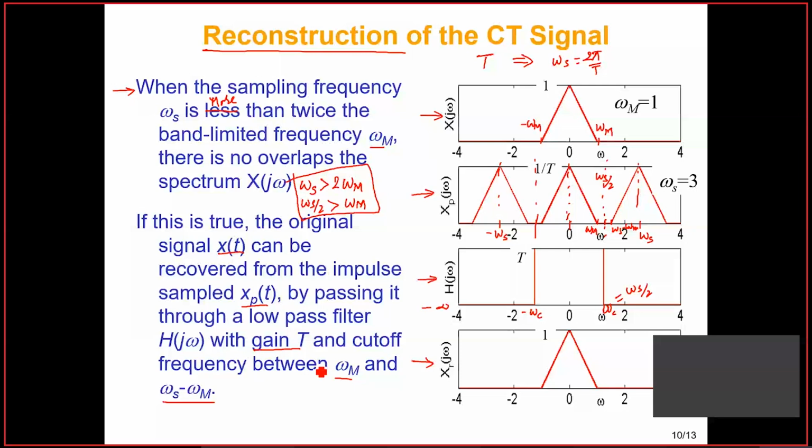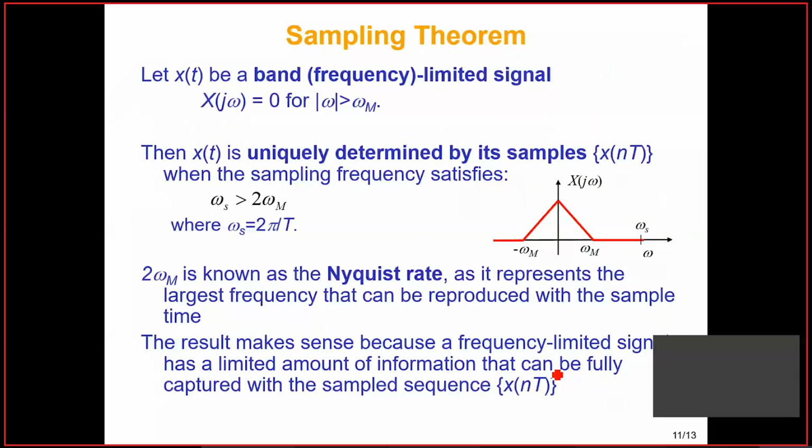So this sampling theorem we have already covered it, but let's just specify what the sampling theorem is. It says that if you have a signal x of t which has a particular max frequency, that means it is band limited or frequency limited. All the frequencies are below this.